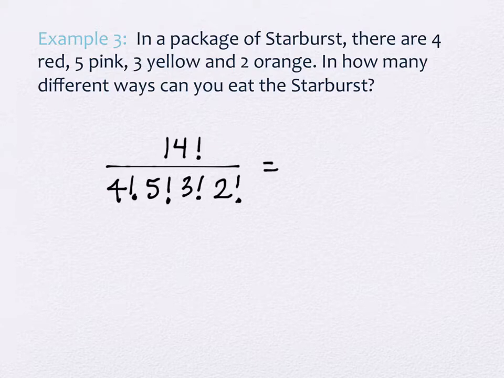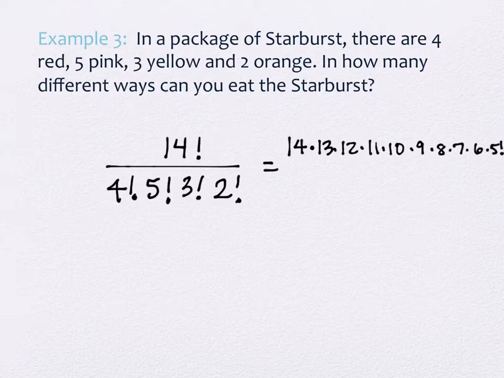So one thing we could do is write down 14 all the way to 1, 4 down to 1, 5 down to 1, 3 down to 1, 2 down to 1. We could do that. But there's some shortcutting we can do too. We're going to write down 14 down to 5. So 14, 13, 12, 11, 10, 9, 8, 7, 6, and 5.